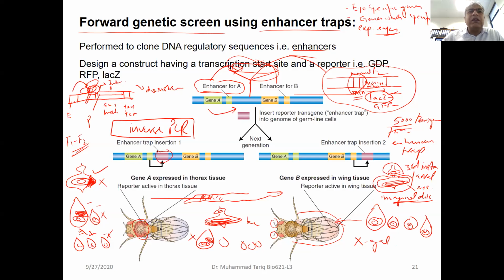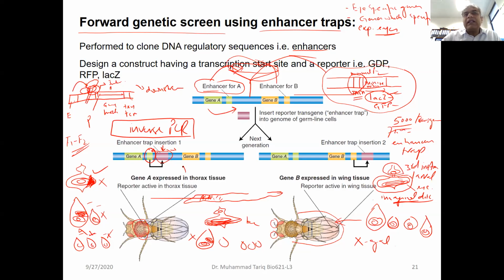Through inverse PCR, you will know the flanking regions of the genome, and in a matter of a day or two, you will know this is the precise position where my reporter is landing. And then you may simply sequence. Now the whole fly genome is sequenced. You just look on both the left and right side of your construct and see if there are some genes or some enhancer elements, and you clone that enhancer. Let's say this is your enhancer. You clone this enhancer. Now, still your job is not done.